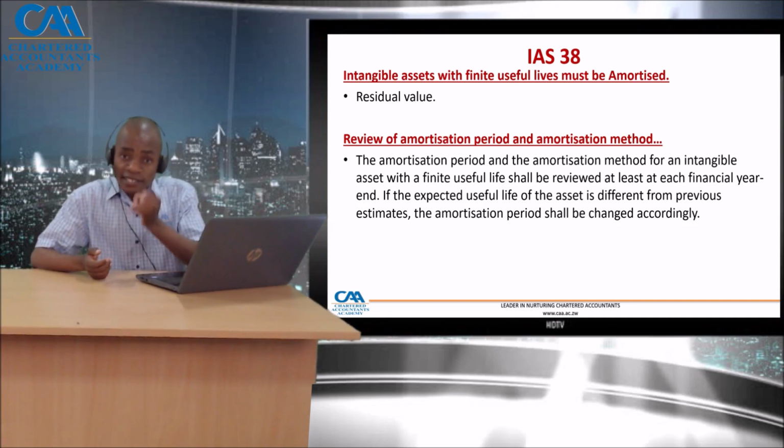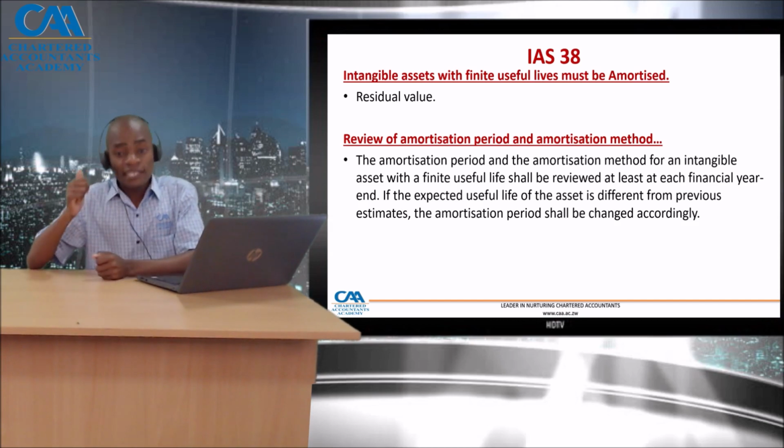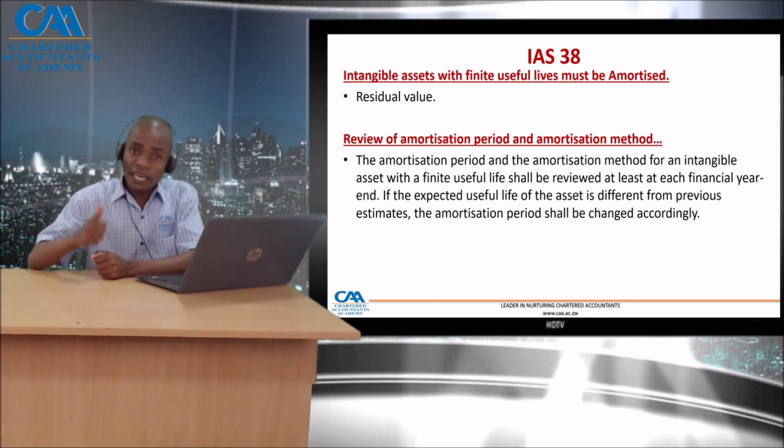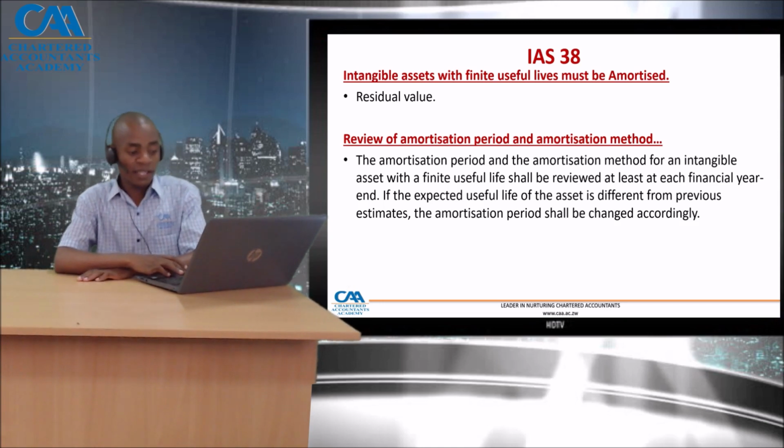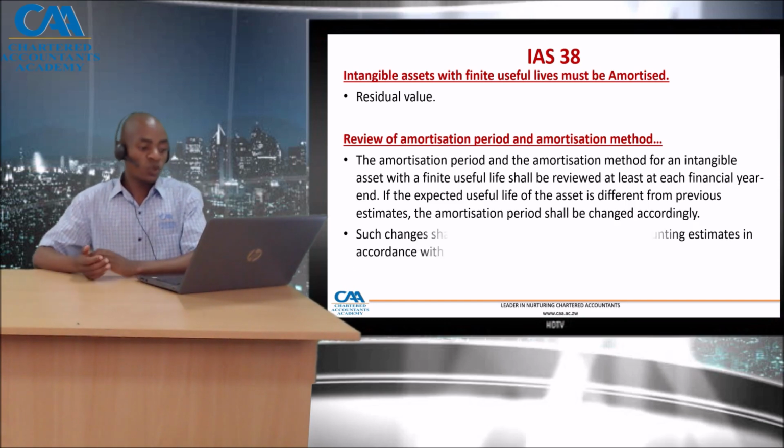The entity is allowed to do so, but when it does so, it must do it as per the requirements of IAS number 8, which deals with changes in estimates in accounting. So otherwise, that one is not a big issue.